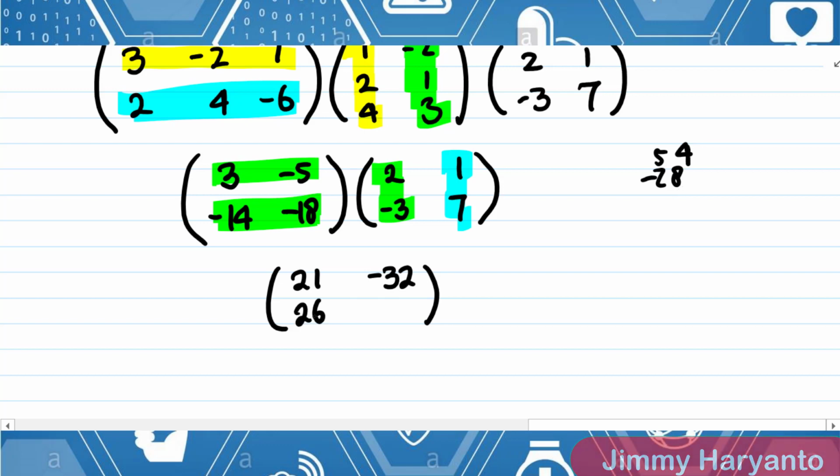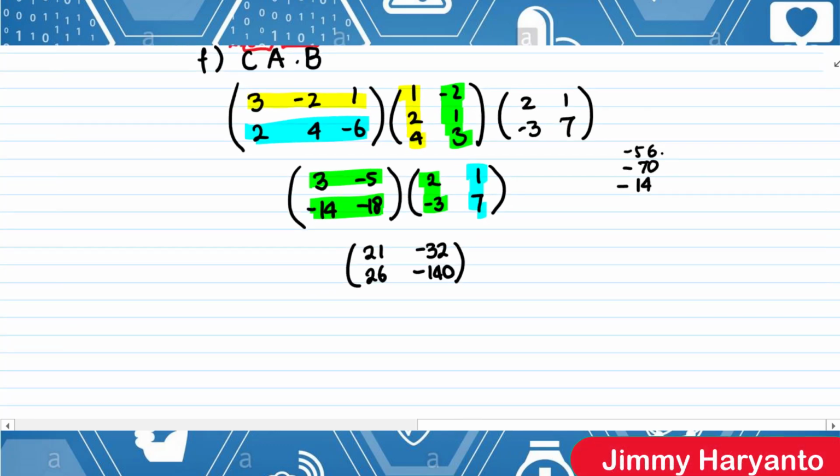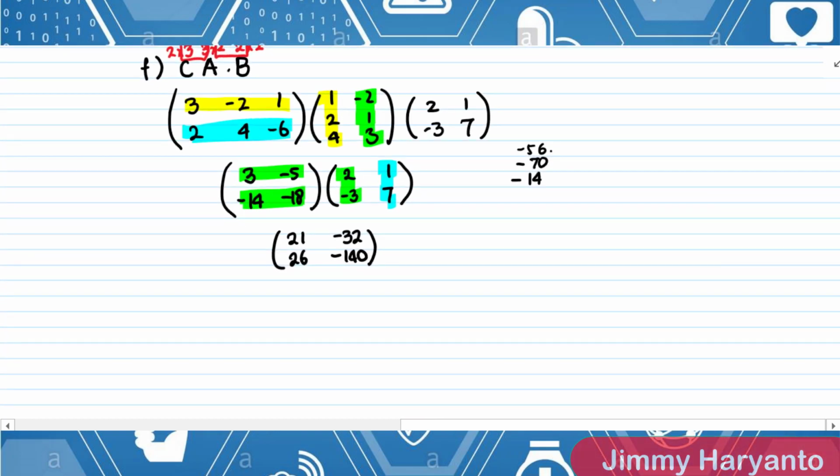Am I right? Yeah, okay. And then for the last one, you will have negative 14 and negative 70, 56, negative 140. Okay, this is the answer for 9F.